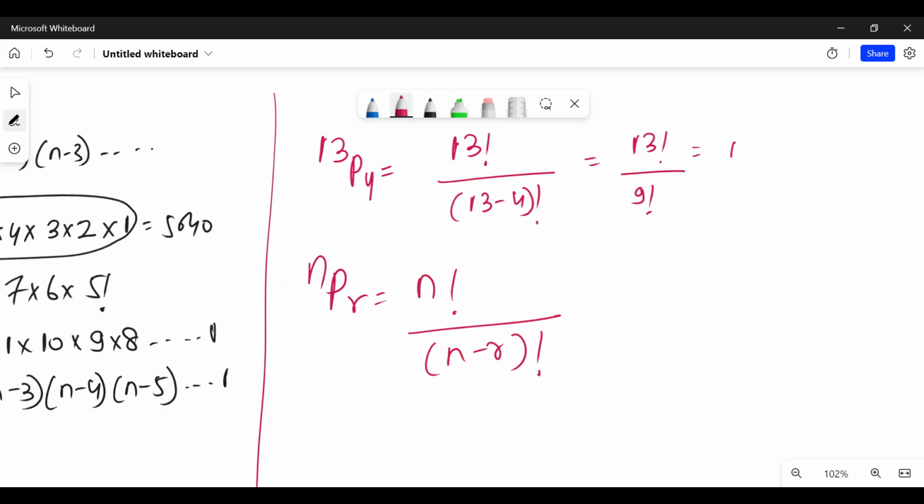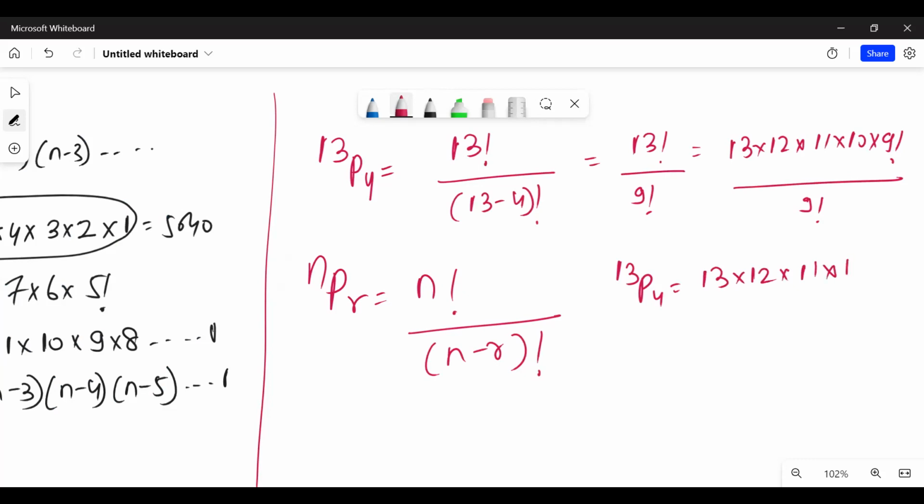So I can write this as 13 into 12 into 11 into 10 into 9 factorial by 9 factorial. So 13P4 is nothing but 13 into 12 into 11 into 10.